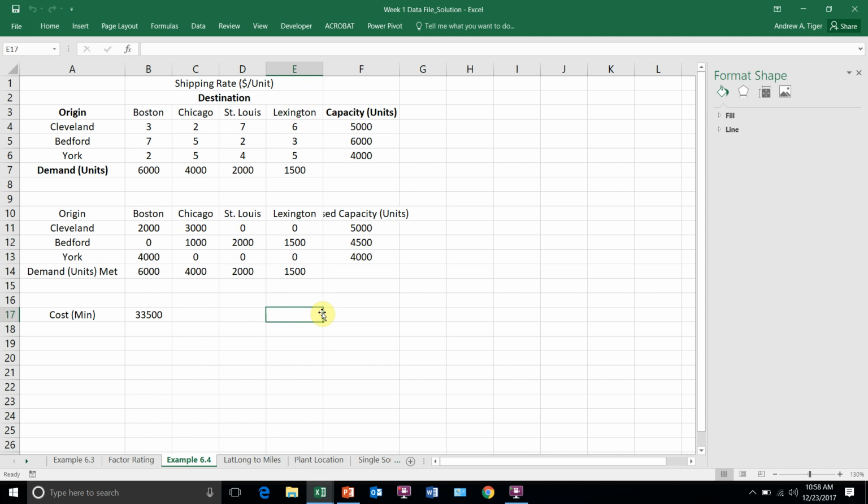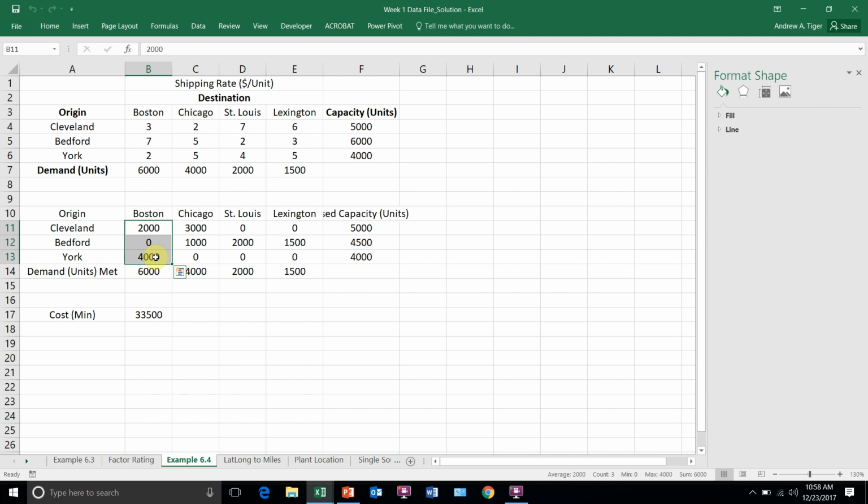The locations that have a single source of supply are St. Louis and Lexington. Boston has 2, Chicago has 2. From a quality standpoint, I expect to probably have quality problems in this world because I have multiple sources of supply, so I've got to have a quality system that looks at 2 different suppliers as opposed to 1, and build relationships with 2 suppliers instead of 1. It gives me flexibility, but there's probably quality issues.